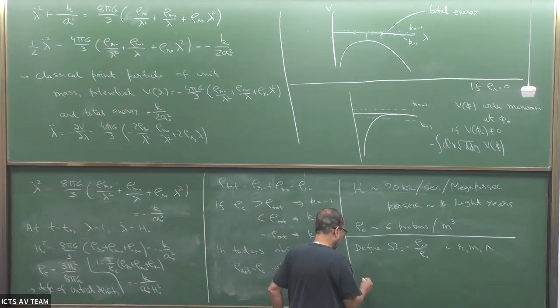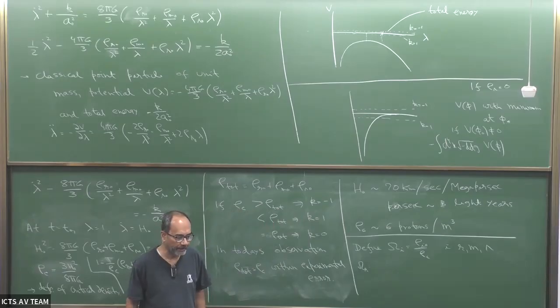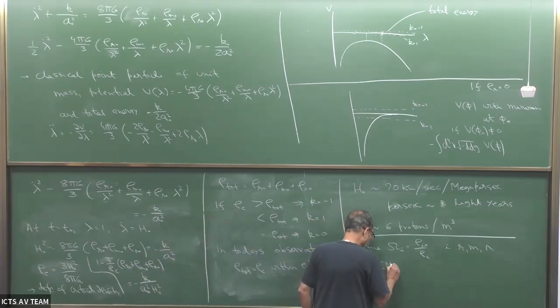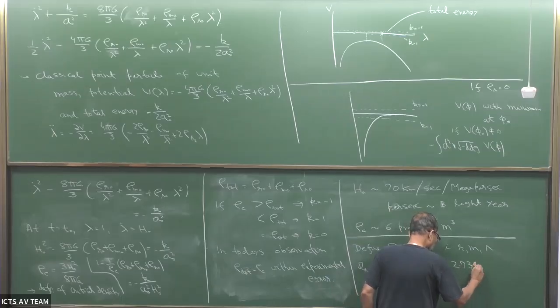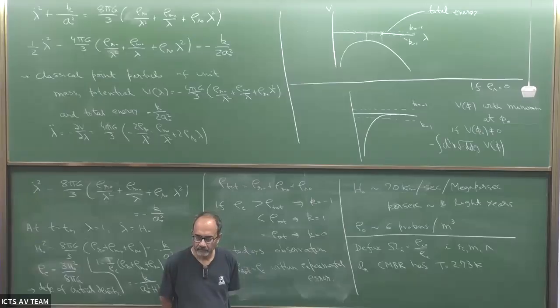Okay, so omega r actually is the easiest. Omega r comes from the cosmic microwave background radiation, the radiation we are talking about. The cosmic microwave background radiation, CMBR, has T equal to 2.73 Kelvin. Once you have the temperature, you can calculate energy density; Planck's distribution formula tells you what the energy density is.